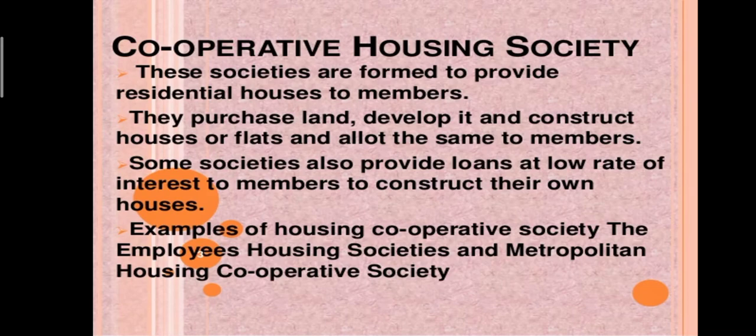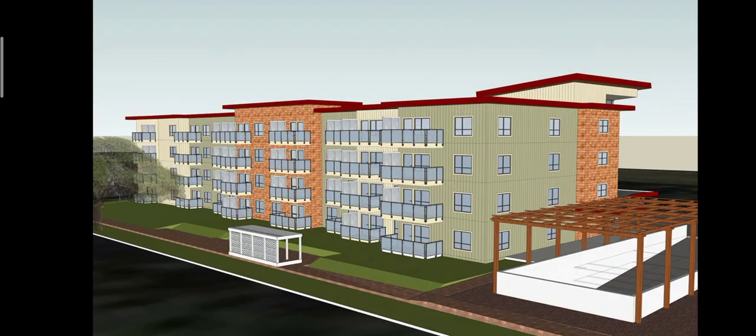They construct houses for their members instead of granting loans to them. They acquire land, construct houses, and rent them to their members. The member tenant, however, can own the houses after paying the cost.